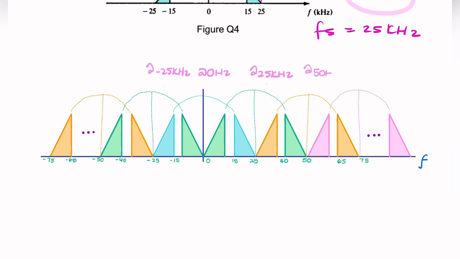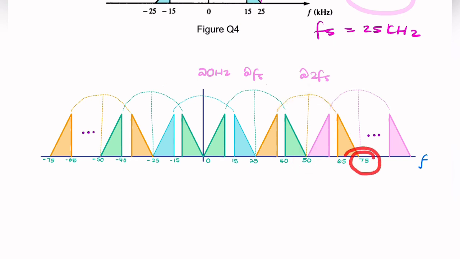So if I were to write this as centered at Fs and 2Fs, it would make more sense. So centered at Fs and centered at 2Fs. So that explains these two, and it explains these two. So these two are centered at 50.